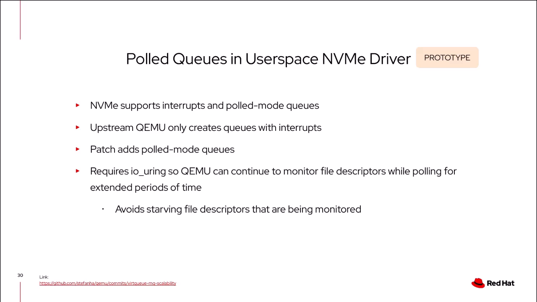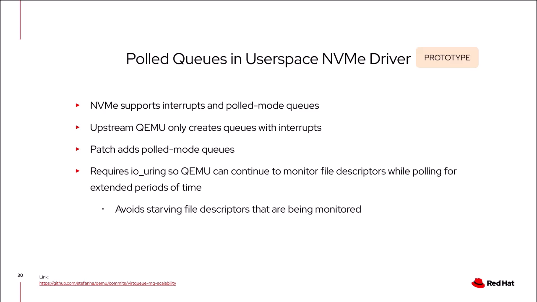One thing that is missing from the NVMe Userspace driver in QEMU that I wanted to add, an optimization I wanted to try out, is polled queues. Because in NVMe, when you create a queue, you assign to it an interrupt. The completion queue has an interrupt, and you can turn that off completely while creating the queue.